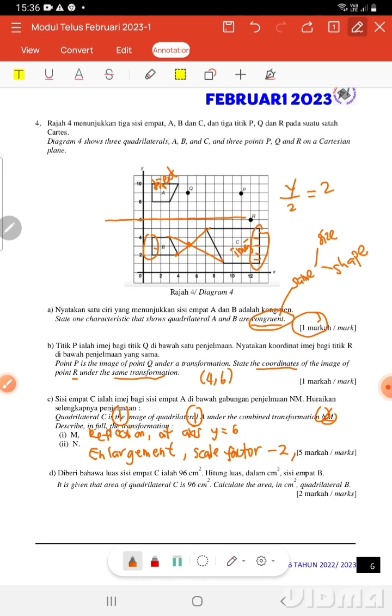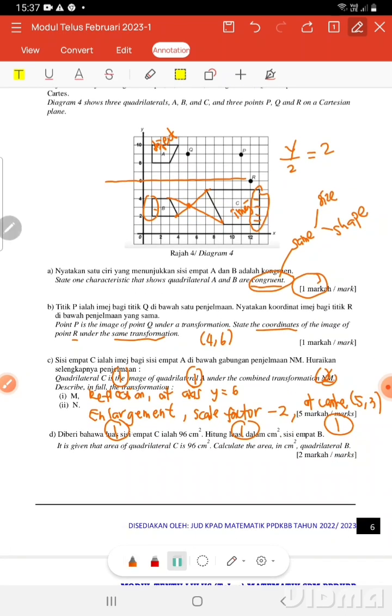Our intersection is at 5, 3. So here at center, 5, 3. So 1 mark for enlargement, 1 mark for scale factor negative 2, and 1 mark for center.